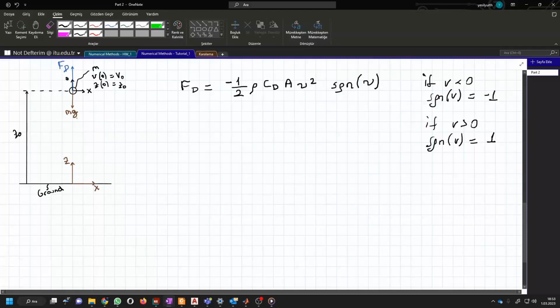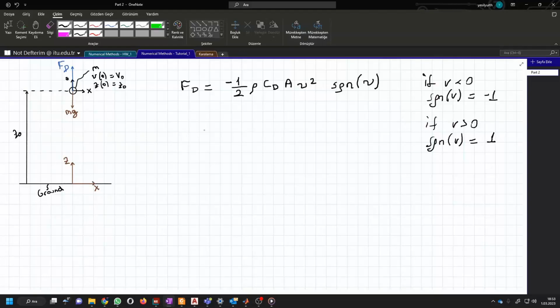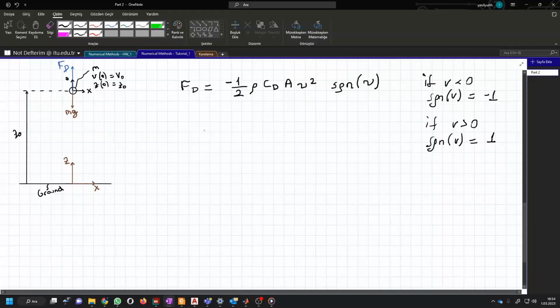This Fd expression can easily be implemented in numerical calculations, but in an analytical solution, if the velocity changes direction somehow, that means the governing differential equation has changed. In this case, you will need a new analytical solution with new initial conditions after the time at which the velocity changes direction. So you can solve your problem in parts if your velocity is changing its direction.